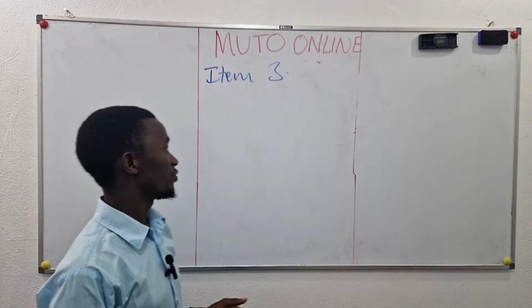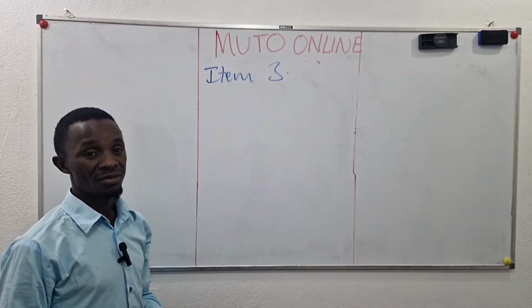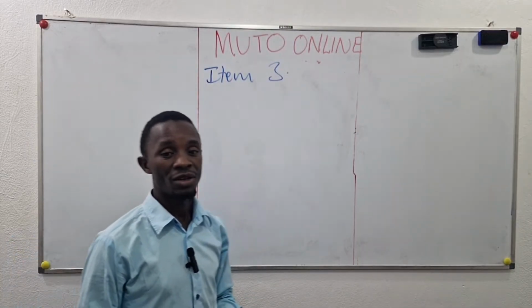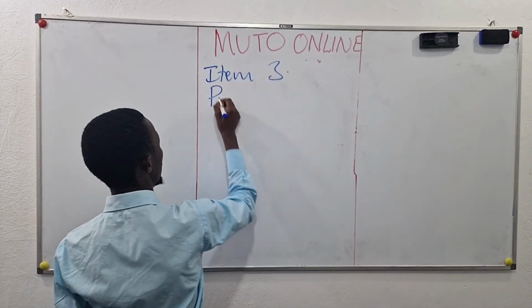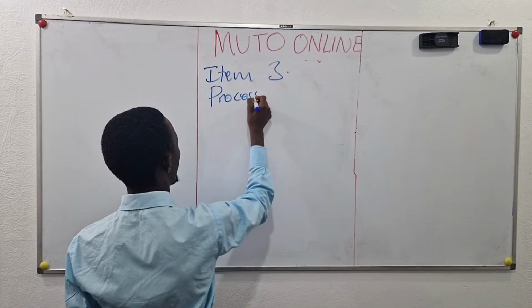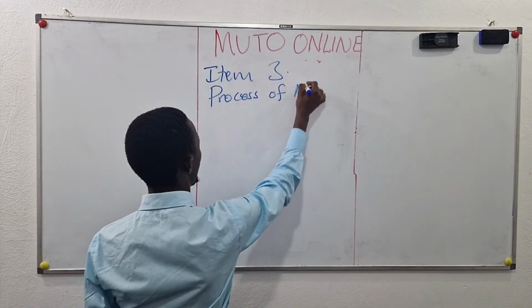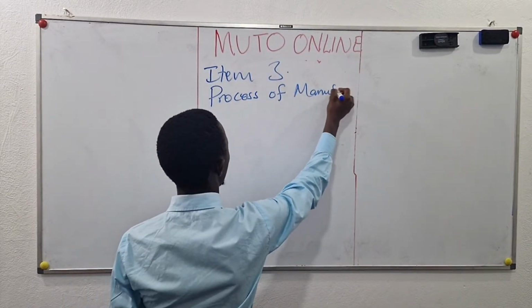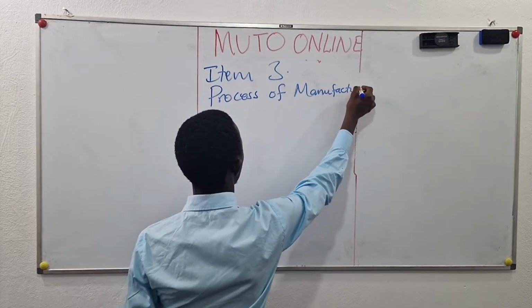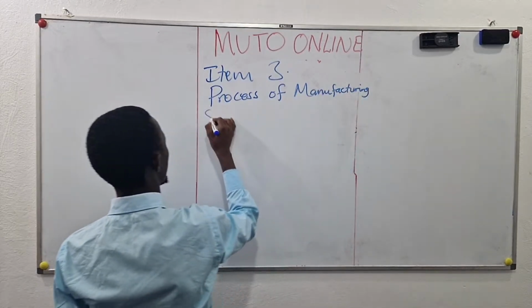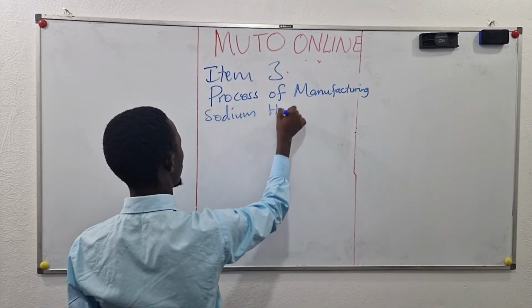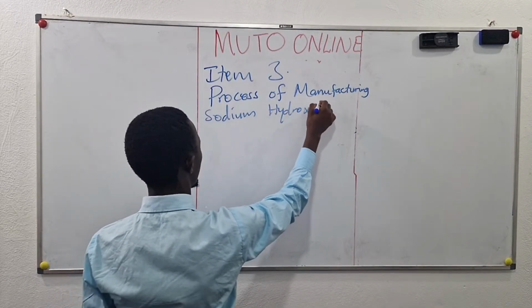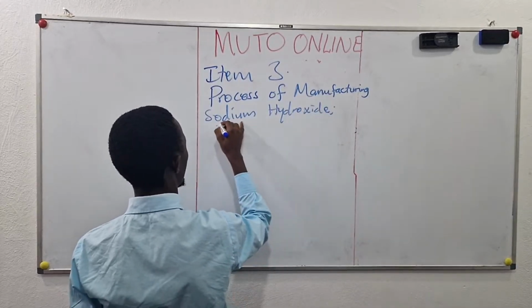So they want us to write shortly about the process of manufacturing of sodium hydroxide. So you have to state it clearly, and this is a process of manufacturing sodium hydroxide.